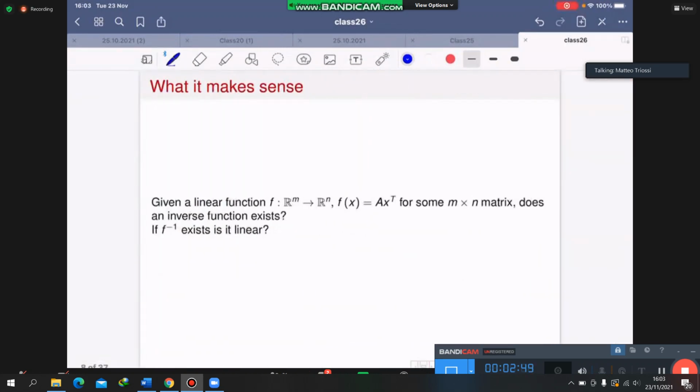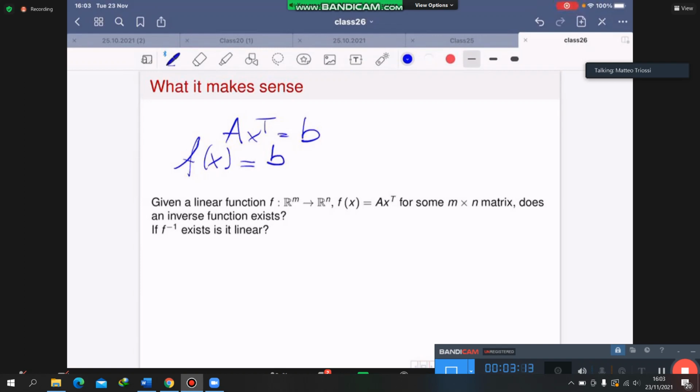Okay, we start from A x t equal B. This identity is simply f of x equal b.